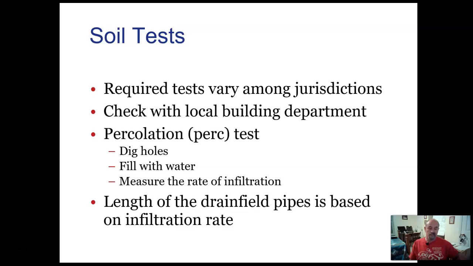A perk test basically consists of digging several holes in the proposed locations on the drain field, filling the holes with water, and then timing the drop of the water level to determine the rate of infiltration in each hole. The length of the drain field is based on the infiltration rate, although some municipalities still require a perk test in order to obtain a permit to construct a septic system.